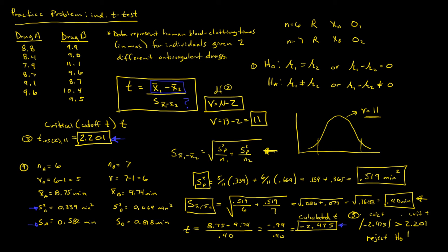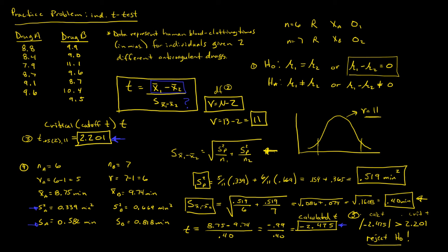What is the null saying? The null is saying that you can consider these two the same means. We can't consider them the same means. So that means that one of these drugs did better at blood clotting times than the other drug did. And so that would be the conclusion that you would make.